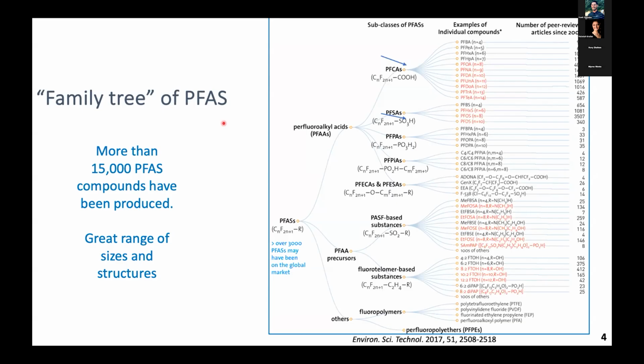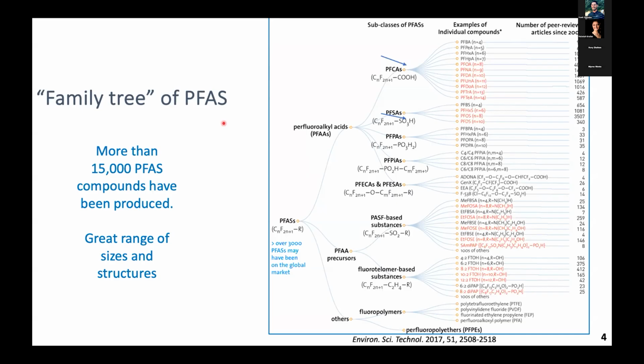So if you look at the right-hand side and just look at the big lettering, you've got the perfluorocarboxylic acids at the top. That's things like the PFOA. And then you've got the PFSAs, that's the perfluorosulfonic acids like PFOS. But then you can see all these other things down here that have been developed over the many years, many of them designed to be substitutes for things like PFOS and PFOA.